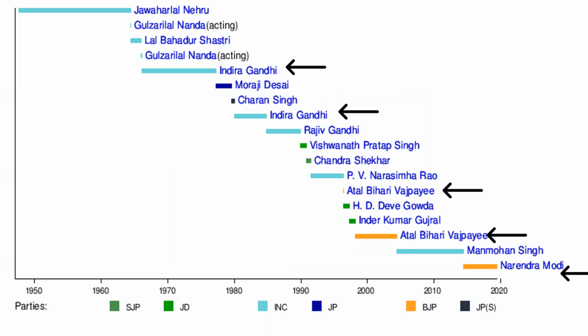Another example. This is the list of prime ministers of India. If you carefully observe, Indira Gandhi was elected 2 times, Atal Bihari Vajpayee 2 times, and Narendra Modi 2 times. So the list has the prime ministers, and some of them are duplicated.